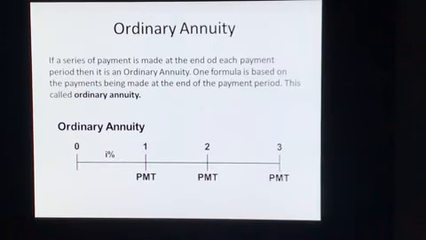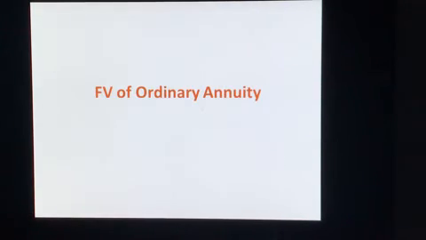If a series of payments is made at the end of each payment period, then it is called an ordinary annuity. One formula is based on the payments being made at the end of the payment period. This is called an ordinary annuity, when the payments are made at the end of every period.